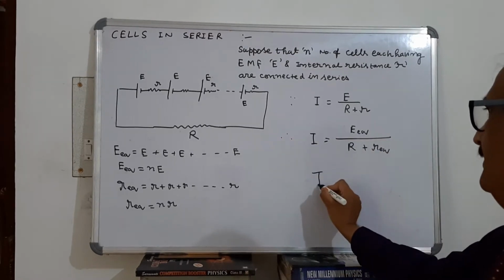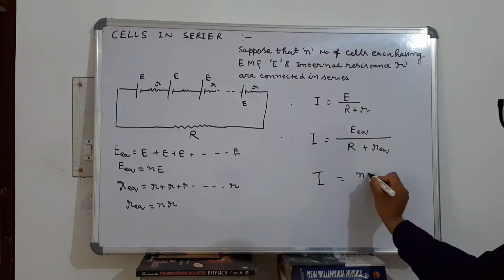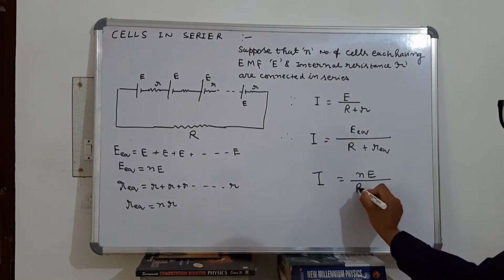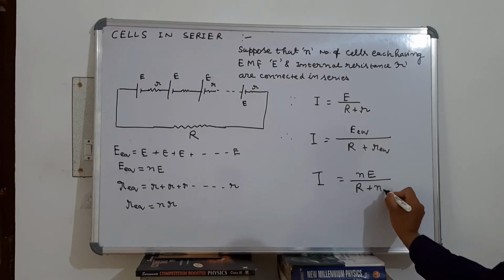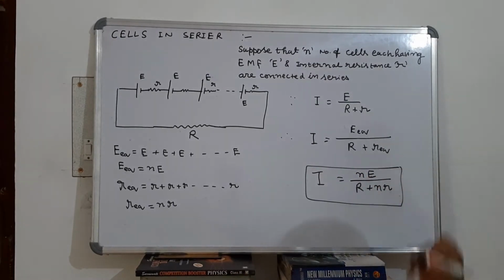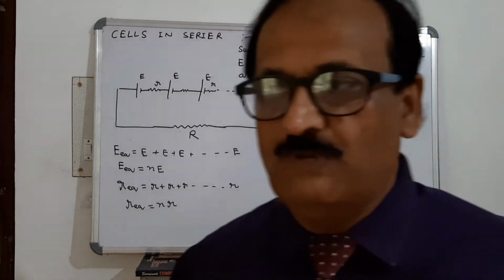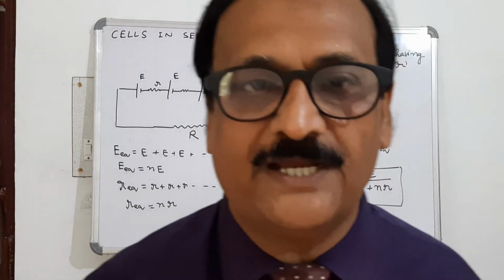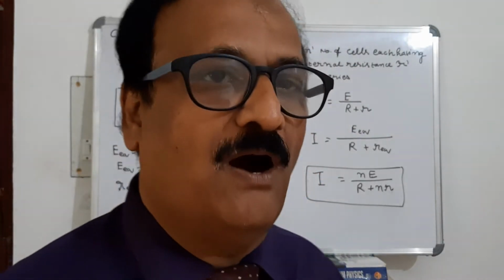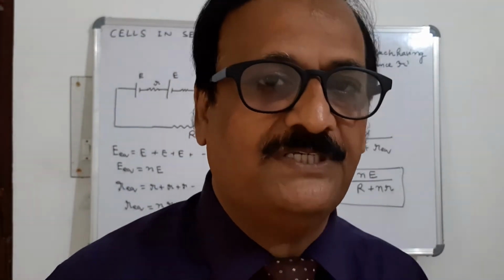It means I is equal to E equivalent is nE and r equivalent is nr. Therefore I is equal to nE upon R plus nr. Therefore when similar cells are connected in series, then current drawn from the cell I is equal to nE upon R plus n times small r.